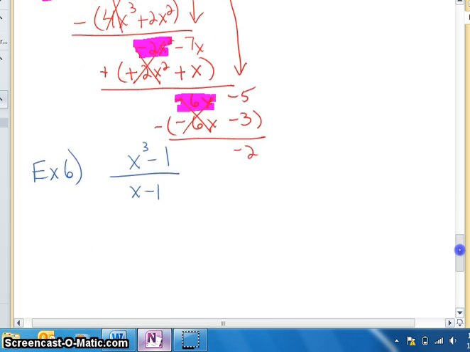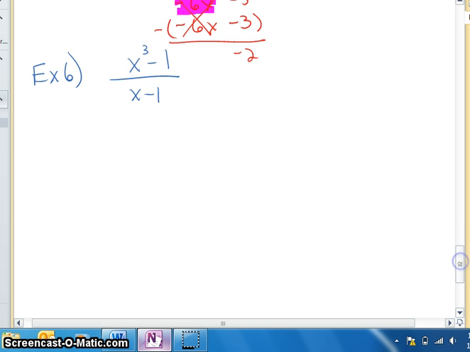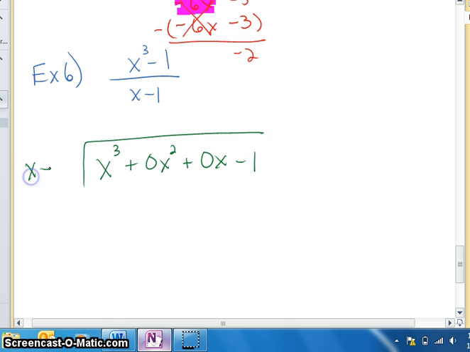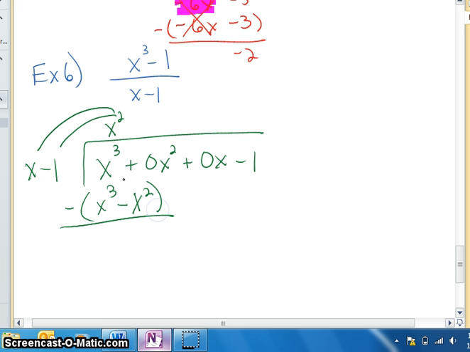Okay, let's try another one. x cubed minus 1 divided by x minus 1. So this one there's a lot missing. There's no x squareds, there's no x's, then there's the minus 1. So x times x squared gives me x cubed. Multiply: x cubed minus x squared. To subtract these, gone. So I have x squared plus 0x.